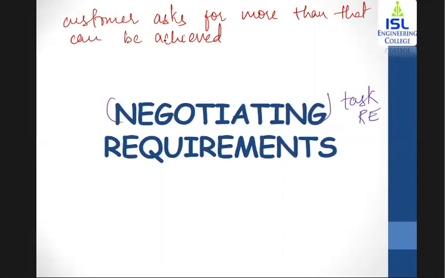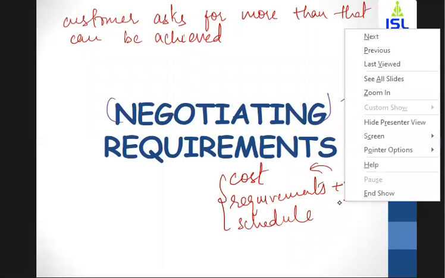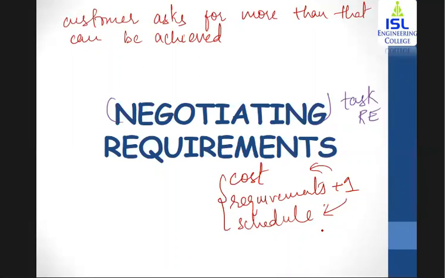That is, when you have identified the specific tasks, the cost, and all the requirements, and you've made a schedule, and everything is decided, after that the customer or another stakeholder can come and ask whether they can get some additional requirement within the same cost, or whether this can be delivered within the time schedule. That is asking for something more than what has been decided. That is called negotiating requirements.